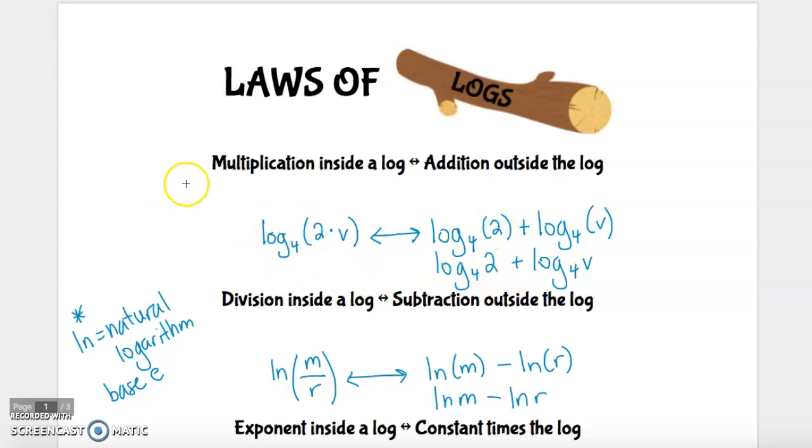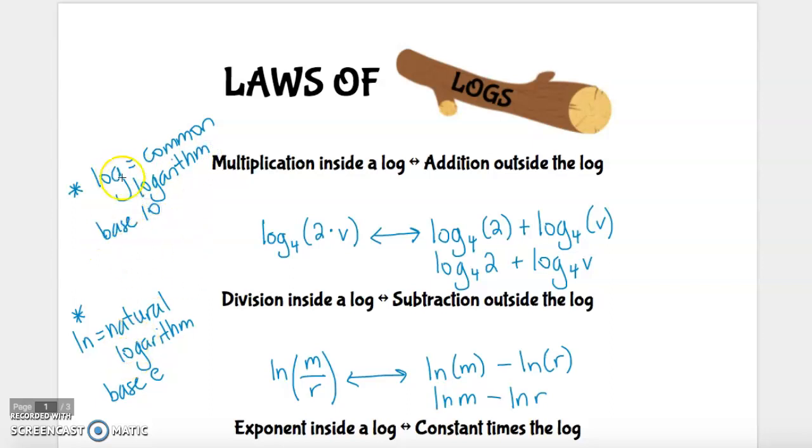One more thing I want to note before we move on to practicing: the natural log is one of the common logarithms you'll see, and the other is when you see a regular log with no base. This is called your common logarithm, and it has a base of 10 secretly.